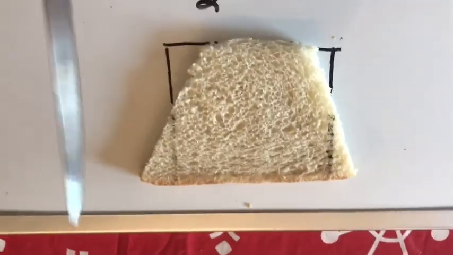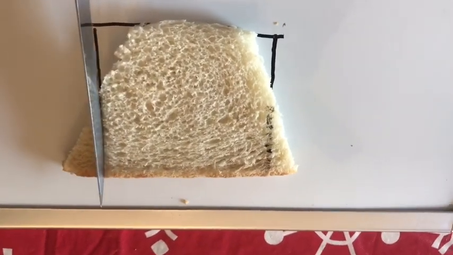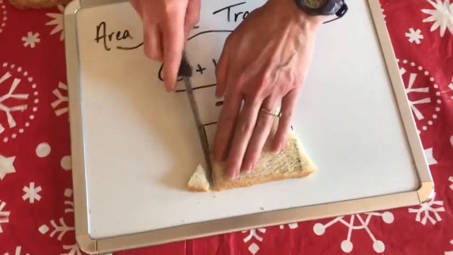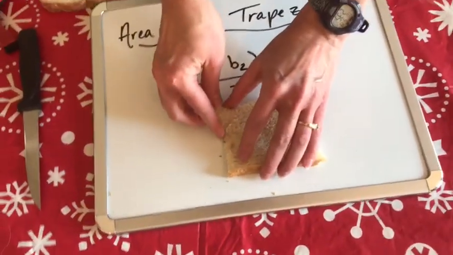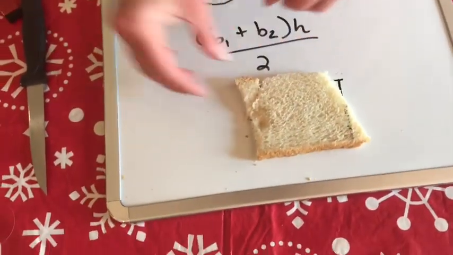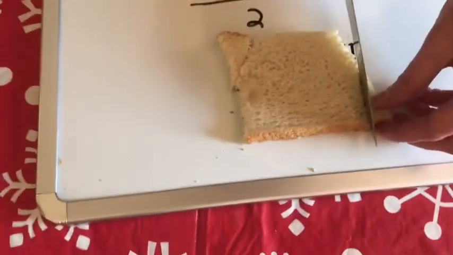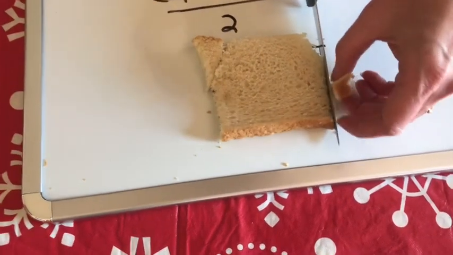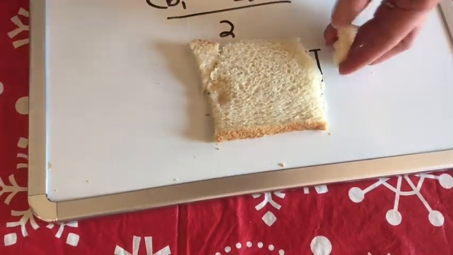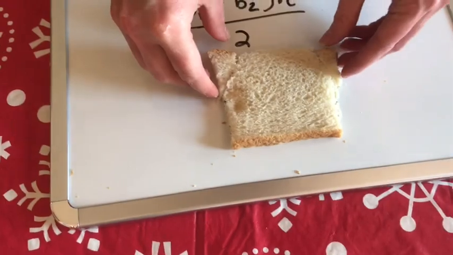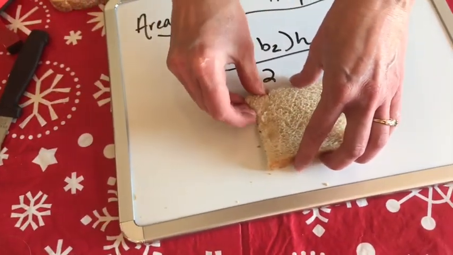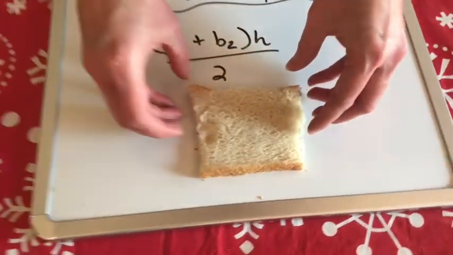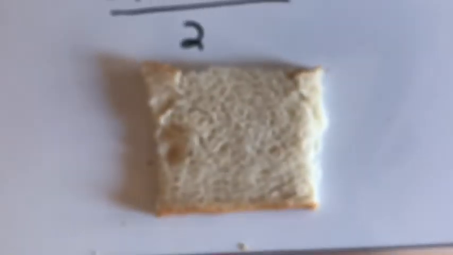So if I were to take this piece and put it right here, and then take this little piece, which I kind of stretched out when I pulled it up, so it's not exact, and put it right here, there's my rectangle. That is the average of the bases times the height. I realize that it's not perfect, but that's the basic idea.